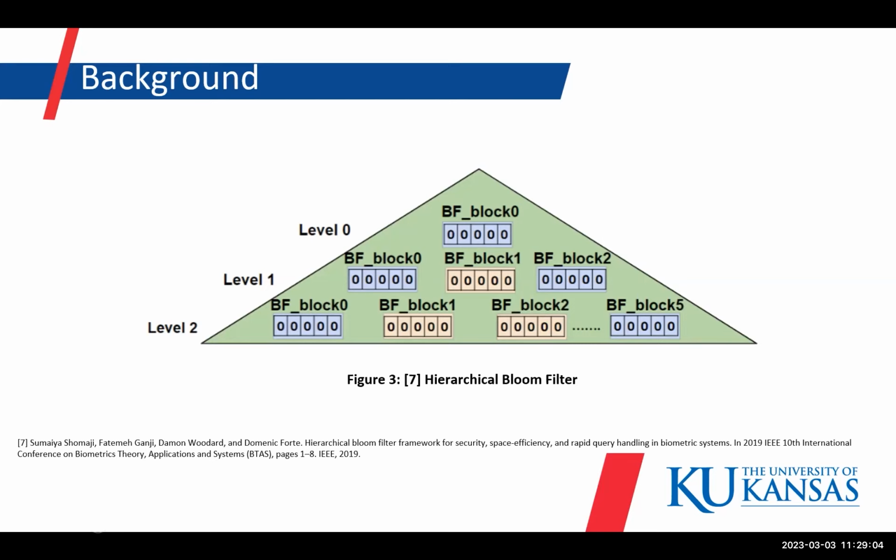So this is the structure of the hierarchical Bloom filter, which is the main element of our tree structure. The advantage of using HBF, or hierarchical Bloom filter, is that it allows for efficient handling of large sets of data while still maintaining a high level of accuracy.